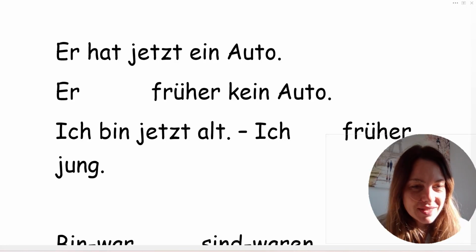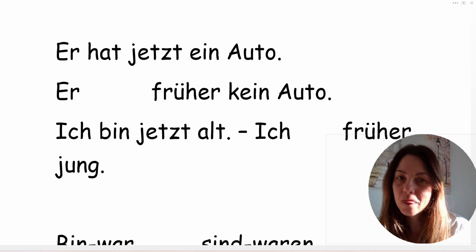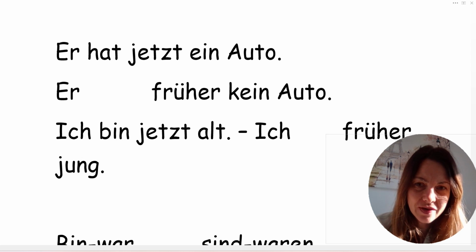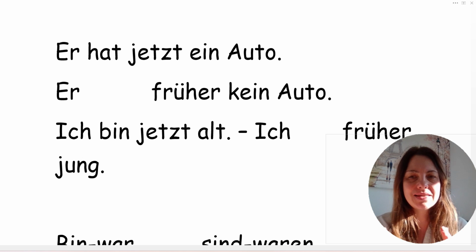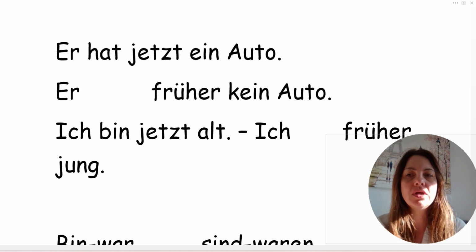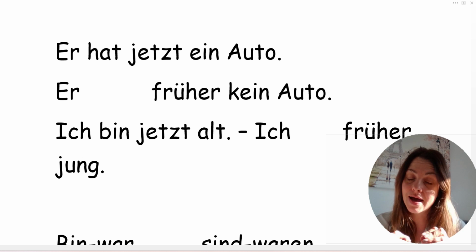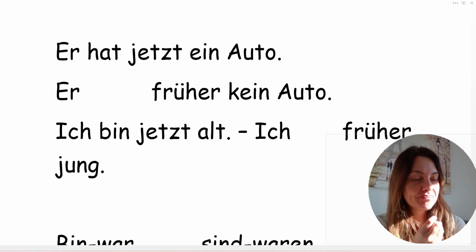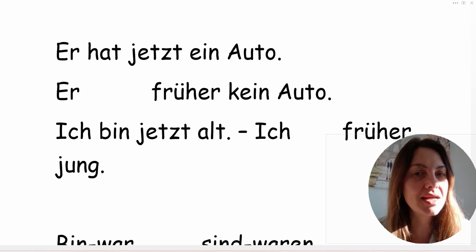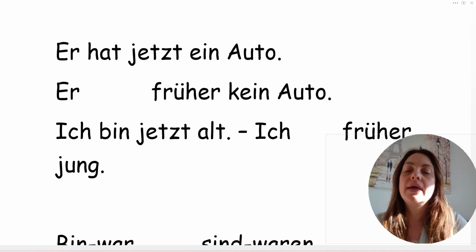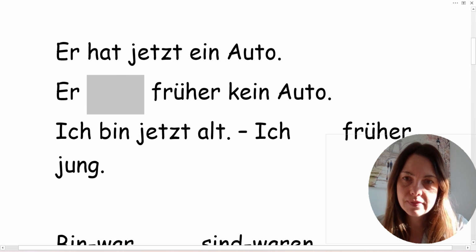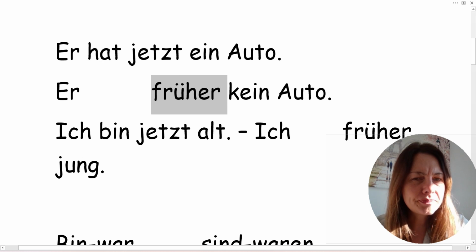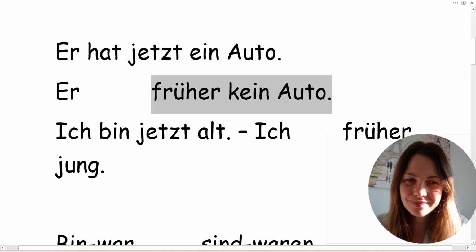Okay, let's get started. Let's start with the sentence: hat jetzt ein Auto. Was bedeutet das? What does it mean? Hat jetzt ein Auto. He has now a car. And sentence number 2 is: früher kein Auto.